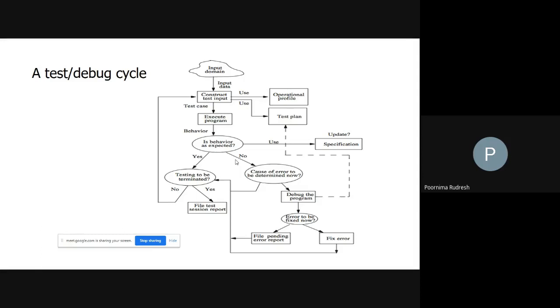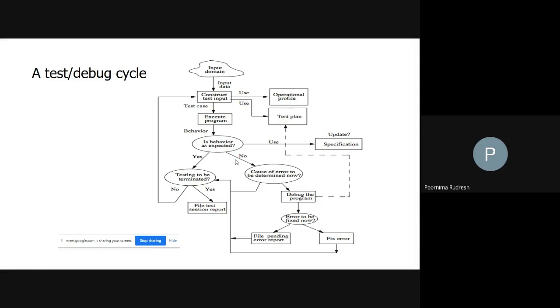And this assessing is done in two steps. In the first step, the tester observes the behavior of the program. Understood? In the second step, the tester analyzes the observed behavior.